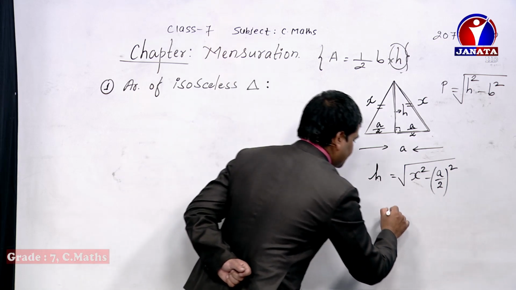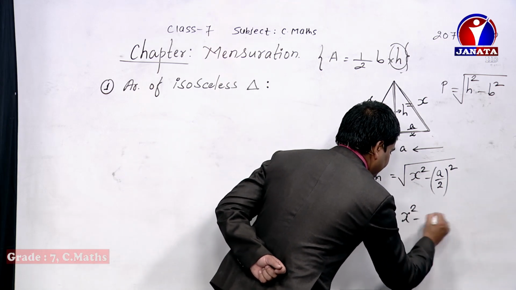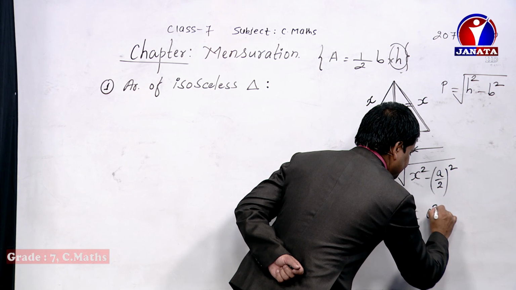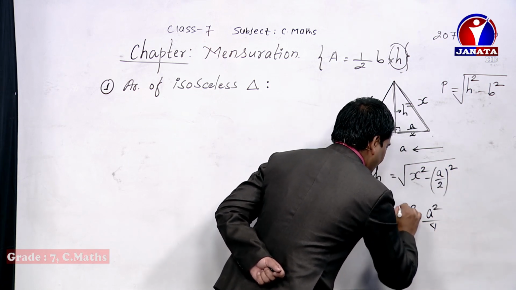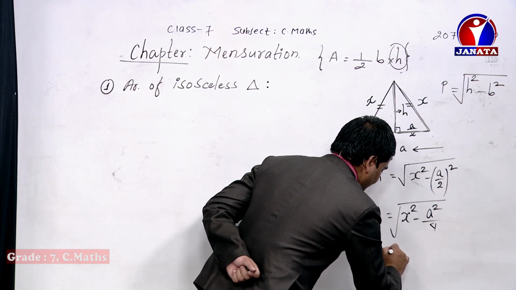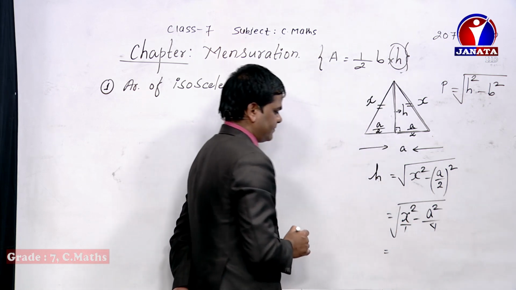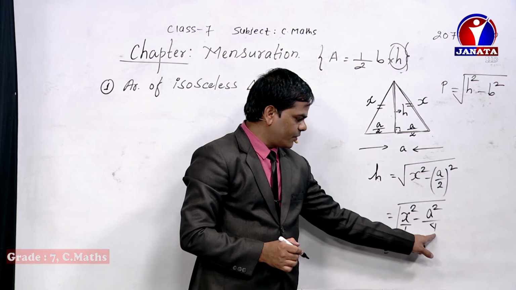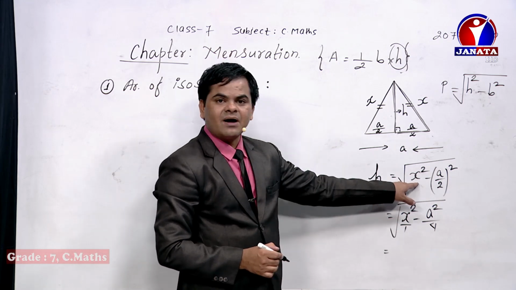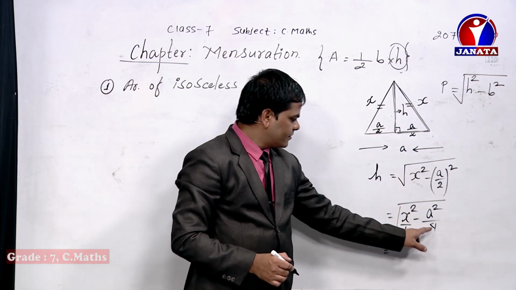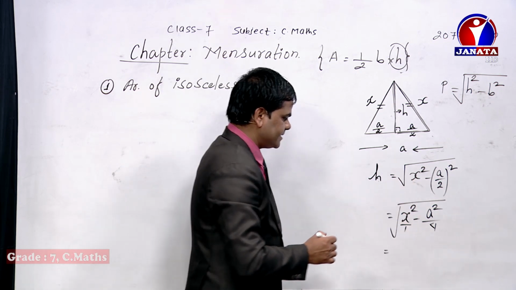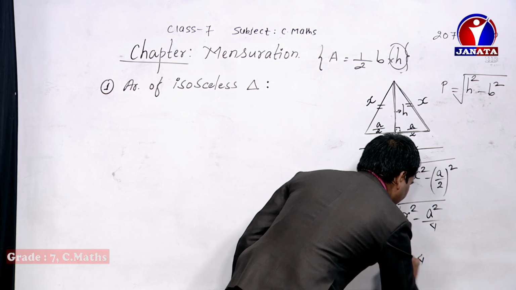First, x square minus a square by 2's square, which will be 4. Now for the whole root under, we need to take the LCM of 1 and 4, because nothing remains in the denominator, so there will be 1. What will be the LCM? It will be 4.